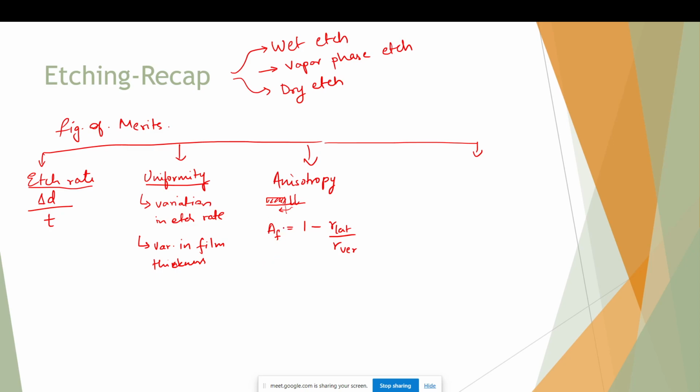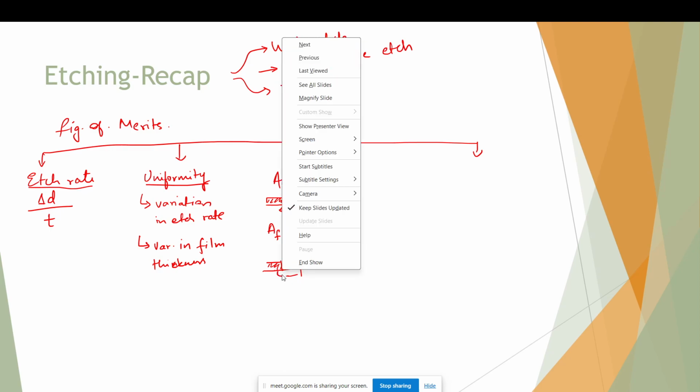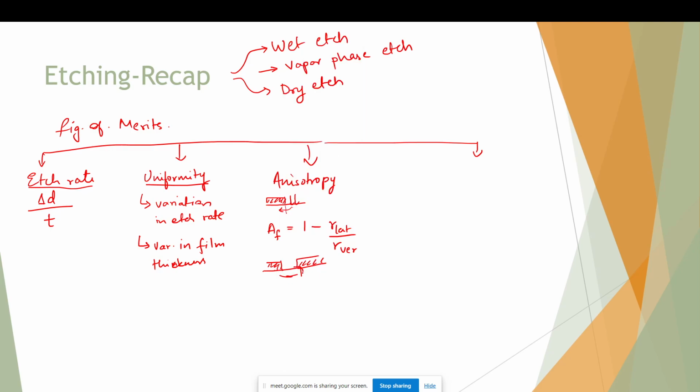If it is 0, it is completely isotropic, then the lateral etch is the same as the vertical etch. If this is my PR and this is the exposed part, then the amount that is being etched in the vertical direction will be the same as the amount that is being etched in the lateral direction.